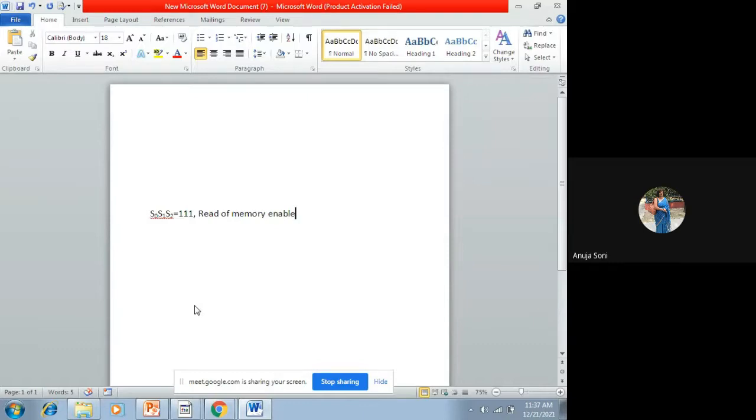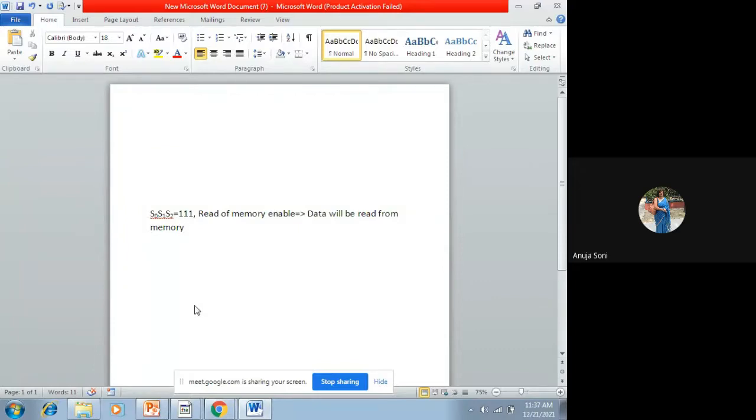So what will this statement do basically, as and when it is enabled? What will happen? The data will be read from memory, because it is the read signal, it is in read mode. The control signal is read.